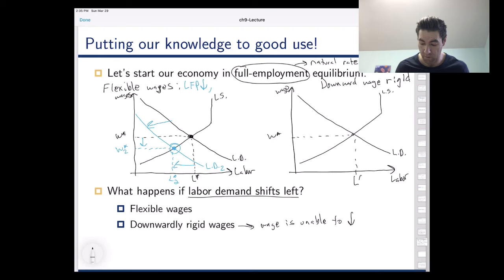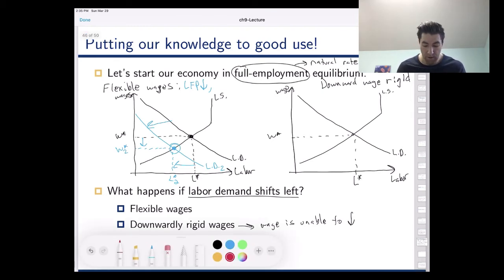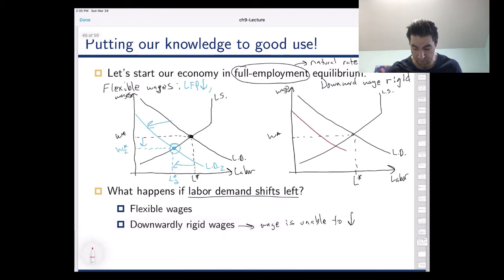So we're in full employment equilibrium, only frictional. And the labor demand curve is going to shift to the left, just as it did over there. The only difference now is that this wage has to stay fixed. It's downwardly rigid, so it can't decrease. So the wage is going to stay at W star.